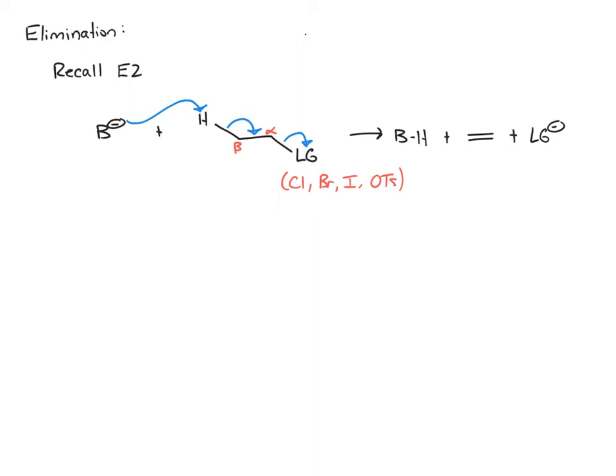But when talking about this reaction, you probably remember that we said we can't do this with NH2. So the leaving group cannot equal NH2 because it's a terrible leaving group.